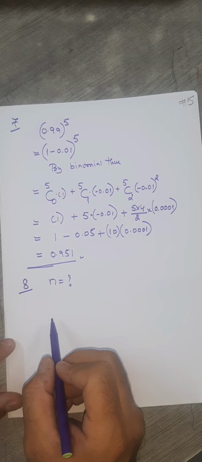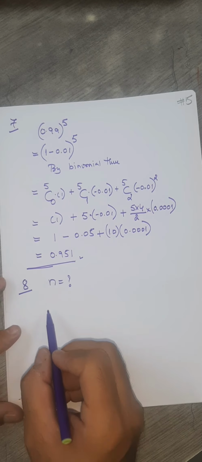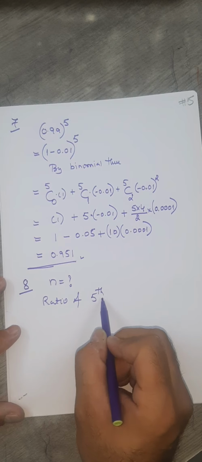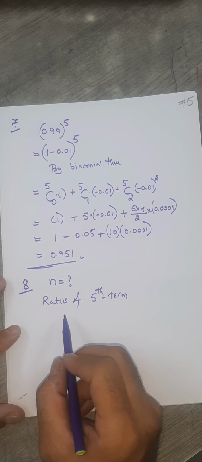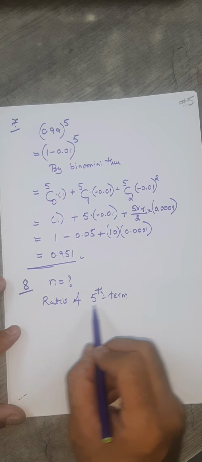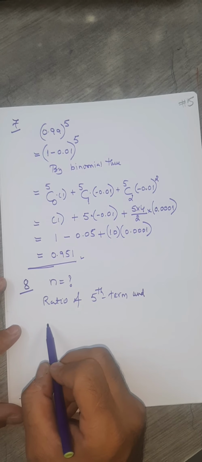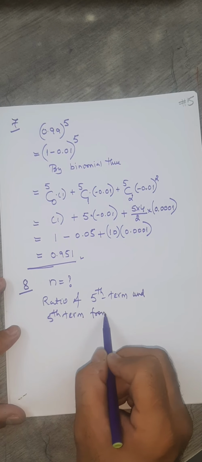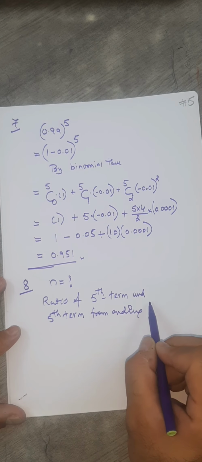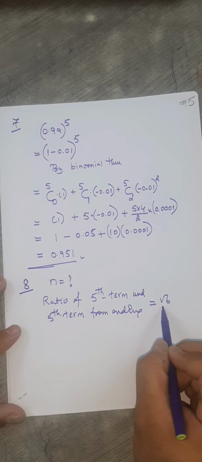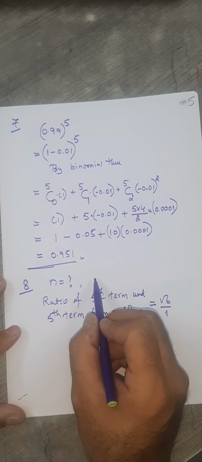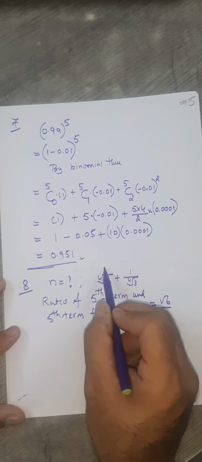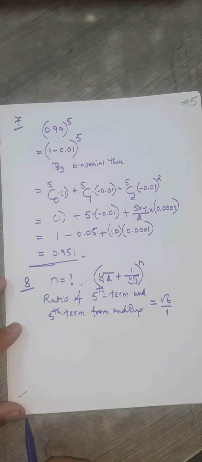Now, you are given the ratio of the fifth term from beginning to the fifth term from ending equals √6 by 1 in this expression: 4th root of 2 plus 1 upon 4th root of 3, the whole raised to n, in this expansion.